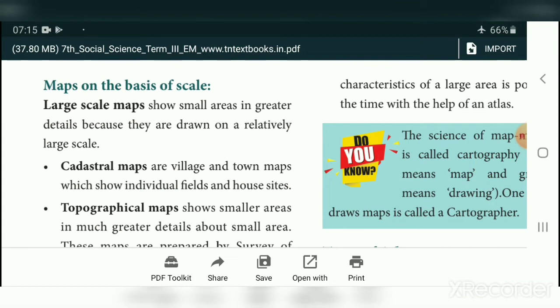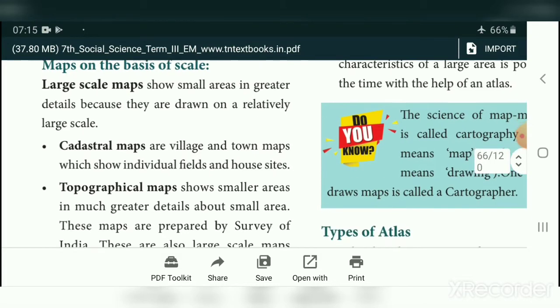Maps based on scale. Large scale map. It shows a smaller area in greater detail because they are drawn on a relatively large scale. For example, a district map, state map, like that. So this we call a large scale map, a small area drawn on a large scale.